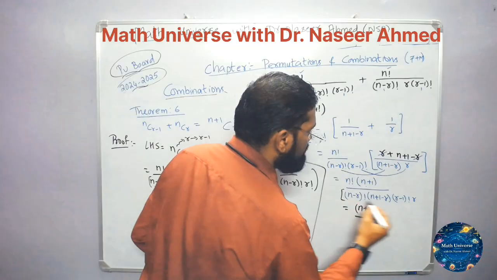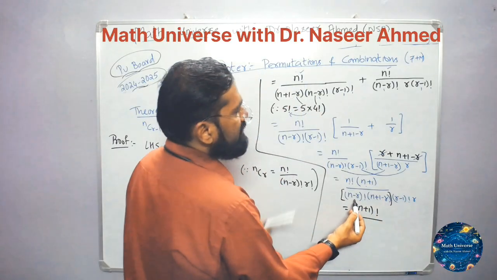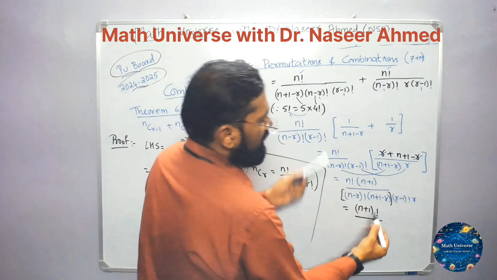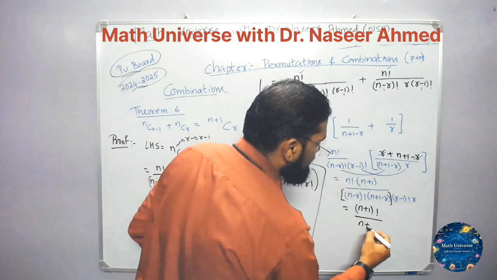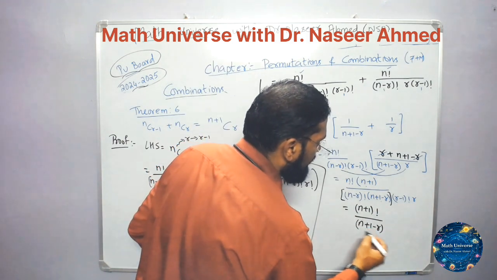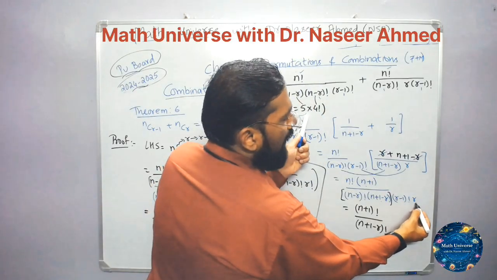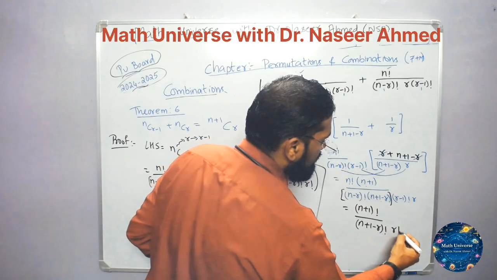Similarly, you see this term. Again, this is like 4 and this is just 1 more than 4, nothing but 5. So what will be that? (n plus 1 minus r) factorial. Similarly for these two also. This is 4 and then r, nothing but just more than that, 1.